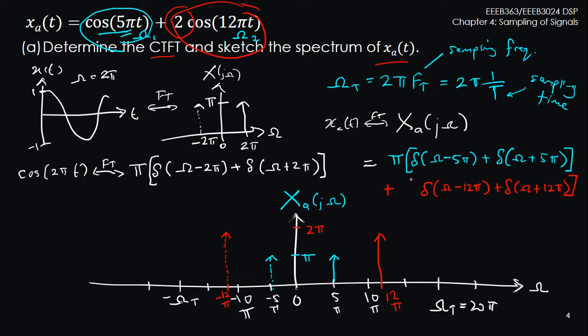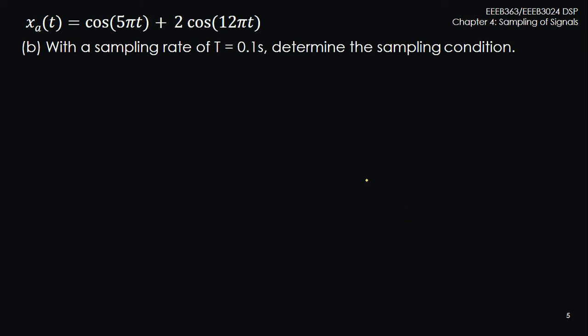And additionally, its magnitude is 2 pi. Okay. And that's your answer for the CTFT as well as the spectrum. That took a bit too long.